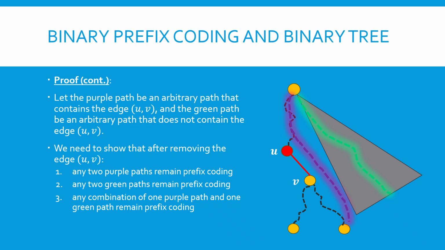In particular, we verify three cases. First, any two code words from purple paths remain prefix-free. Second, any two code words from green paths remain prefix-free. And third, any code word from a purple path and any code word from a green path remain prefix-free.